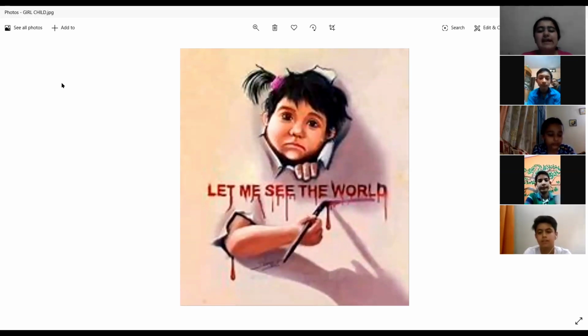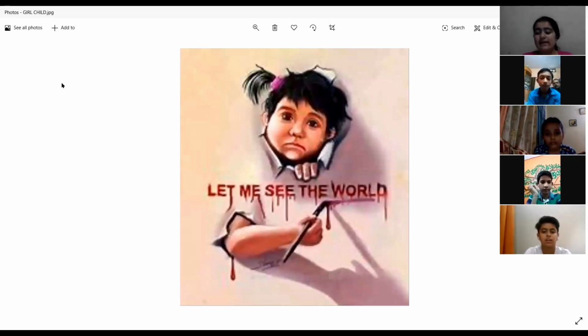Who knows that these tiny hands and innocent minds will change the picture of the country one day. Good evening to all. Today I'm here to describe this picture in which a little girl says, "Let me see the world."